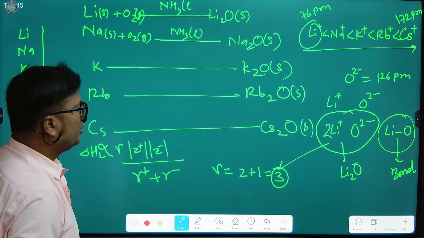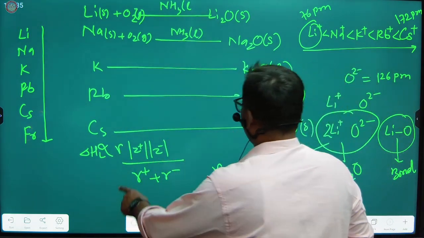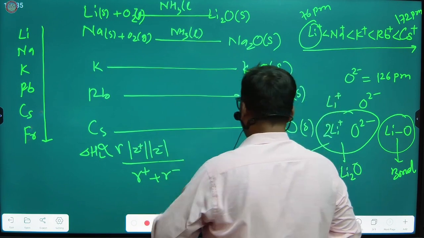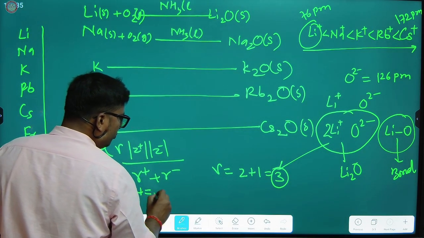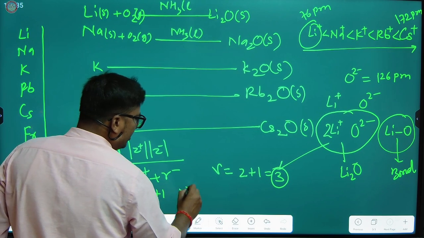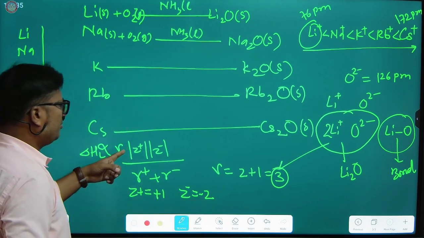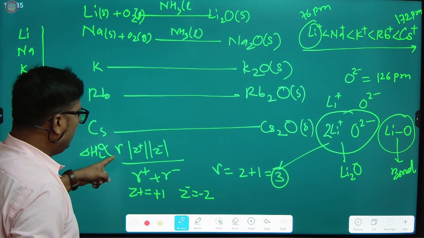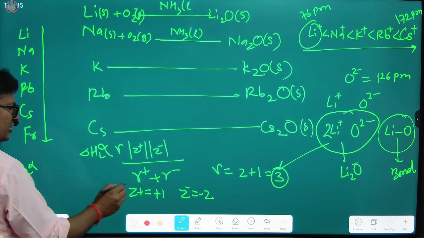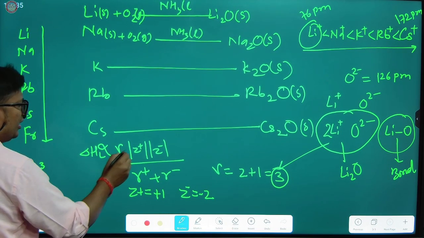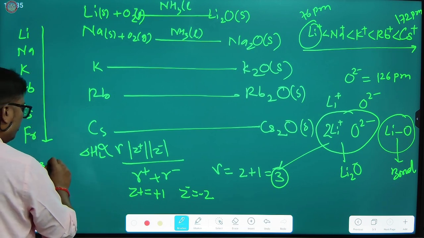Okay, so in case of monoxide formation, nu is equal to 3, and Z plus is equal to +1, and Z minus is equal to -2. It means delta HL is proportional to total number of ions 3 and mod of Z plus times mod of Z minus, that product gives 2.